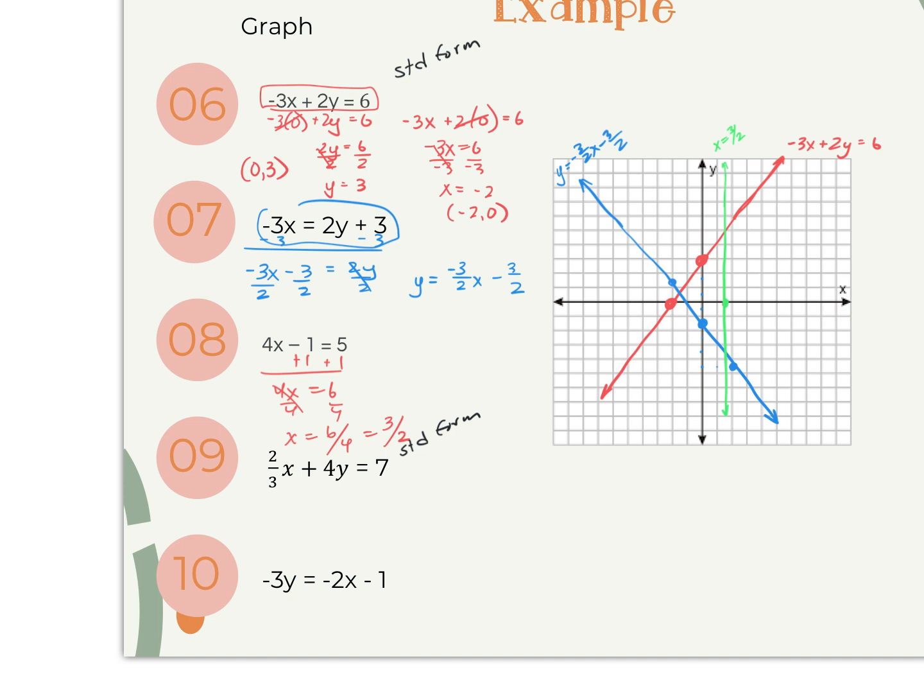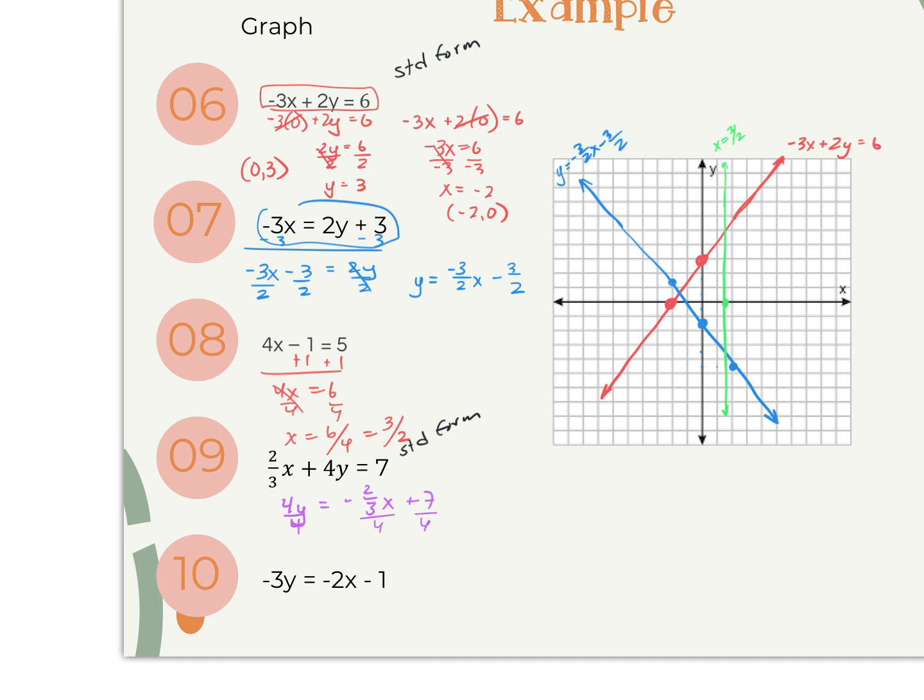So anyway, I keep going here. Let me go to this next one. And once again, I am going to put this in slope-intercept form. So I'm going to subtract 2/3 x from both sides. So minus 2/3 x plus 7. And I'm going to divide everything by 4. So divide by 4, divide by 4.